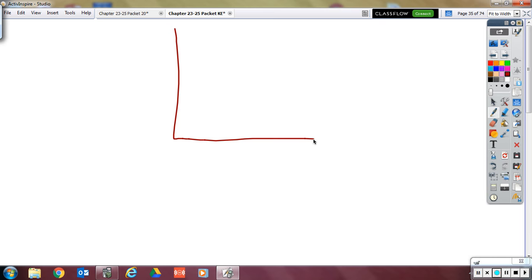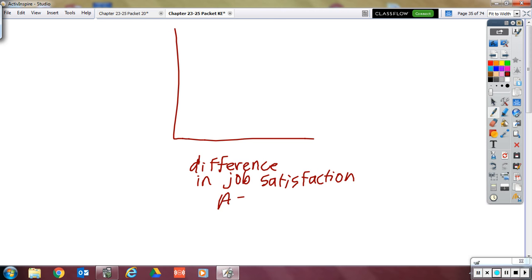So tell me, what is that data that is in that third list? What kind of data? Very good. That data that is in that third list is the differences, or you could even say change, in job satisfaction. So the difference in job satisfaction, after minus before.